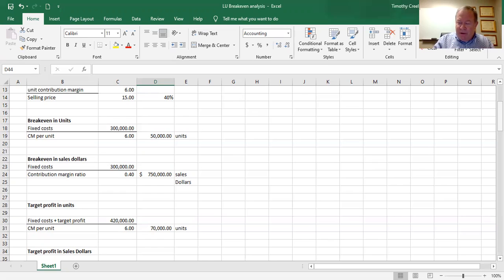You can decrease your variable cost per unit, which will increase your contribution margin per unit, or you can lower your fixed cost, all of which will decrease the number of units that you have to sell in order to break even. So companies use this a lot, and it can be applied to any type of business. You can adapt this to any type of business, and it's very useful in business decisions.